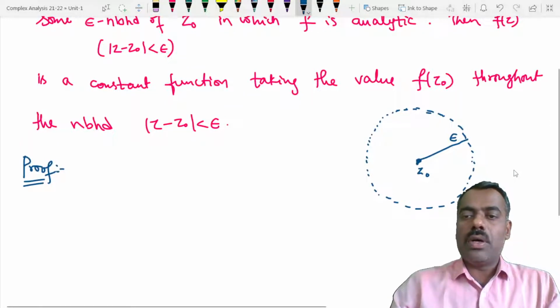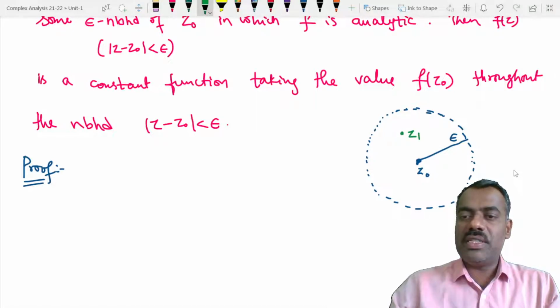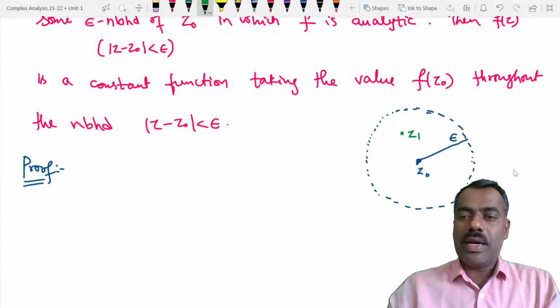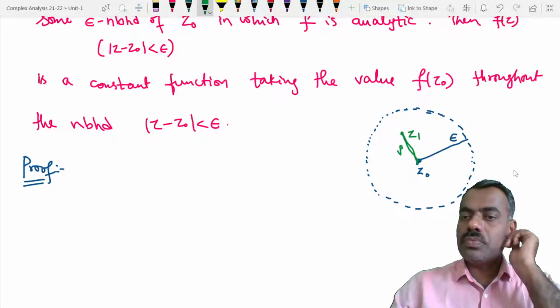How we'll do it is we'll take an arbitrary point, say z1, which is different from z naught. Then we will take the distance of z naught and z1, and call it rho.